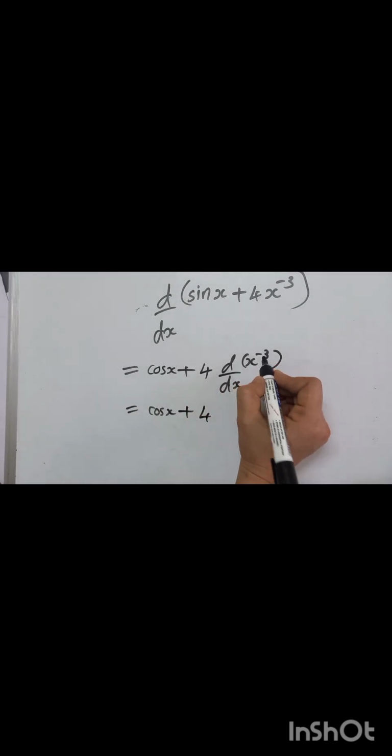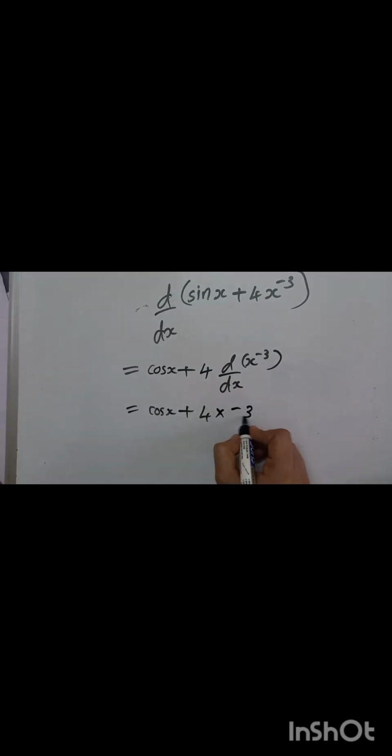Then you can apply the power rule, which is n x to the power n minus 1. So negative 3 x to the power negative 3 minus 1, which is negative 4. So here cos x, and 4 multiplied by minus 3. That is integer multiplication: a positive multiplied by a negative gives a negative, and 4 multiplied by 3 is 12. So 12x to the power minus 4, with a negative sign. If you want, you can rearrange the equation in terms of positive exponents, so that is minus 12 by x to the power 4. So this is the answer. X to the power minus 4 you can rearrange as 1 by x to the power 4.